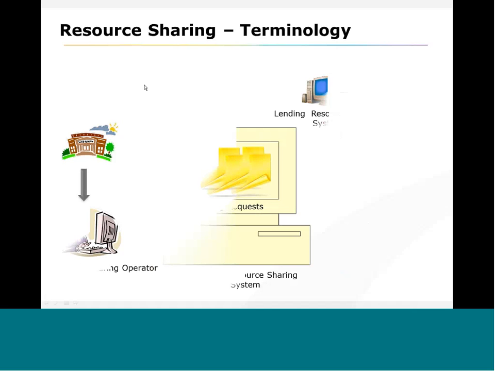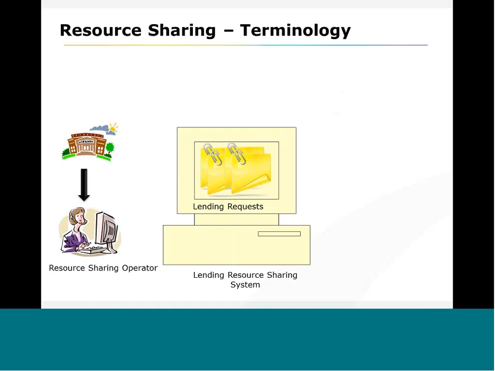If we take a look at the lending side, the partner, the potential supplier, actually also runs its own resource sharing system. But in this role, being a lender, we can call this resource sharing system the lending resource sharing system, because it is going to be managing the lending side of the request.